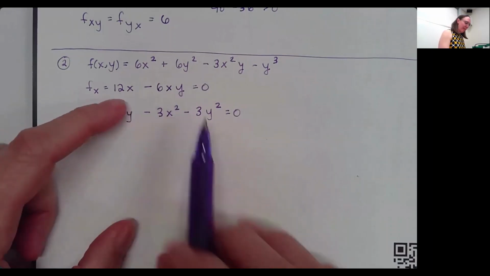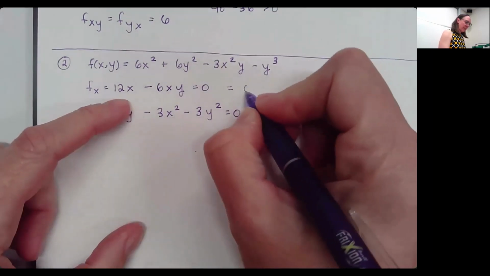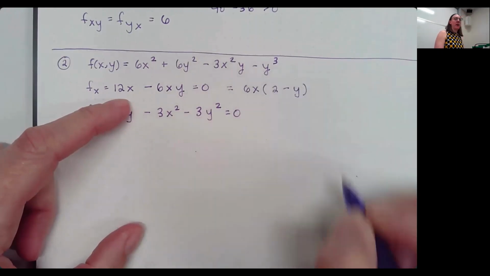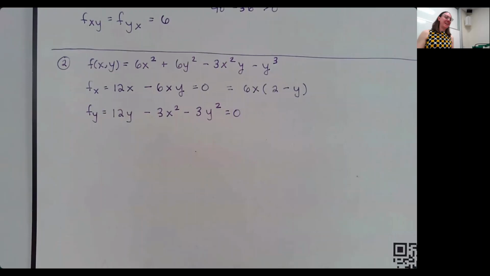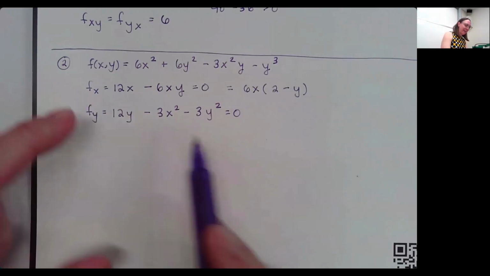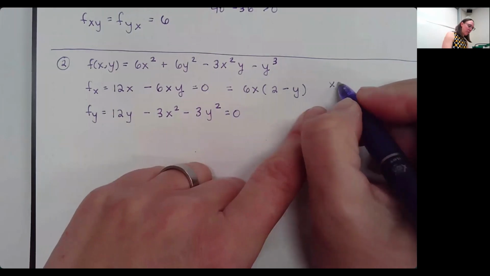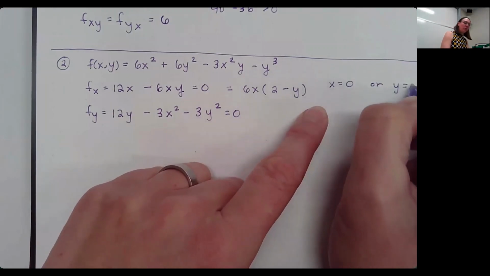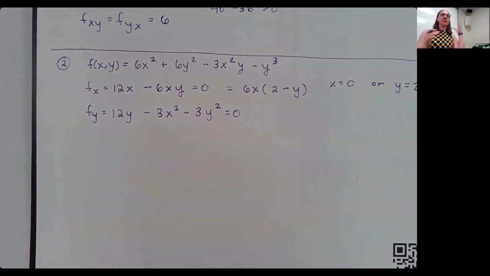So the top one factors, and I can pull out a 6x, and then I'm left with 2 minus y, which means that solutions to my partial with respect to x look like x equals 0 or y equals 2. One thing to note, 0, 2 is not a critical point. Or it might be, but I don't know that it is yet.